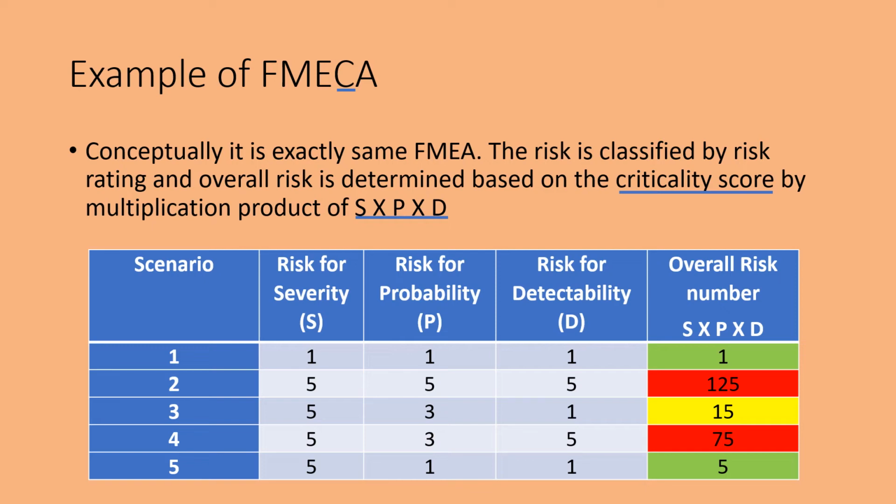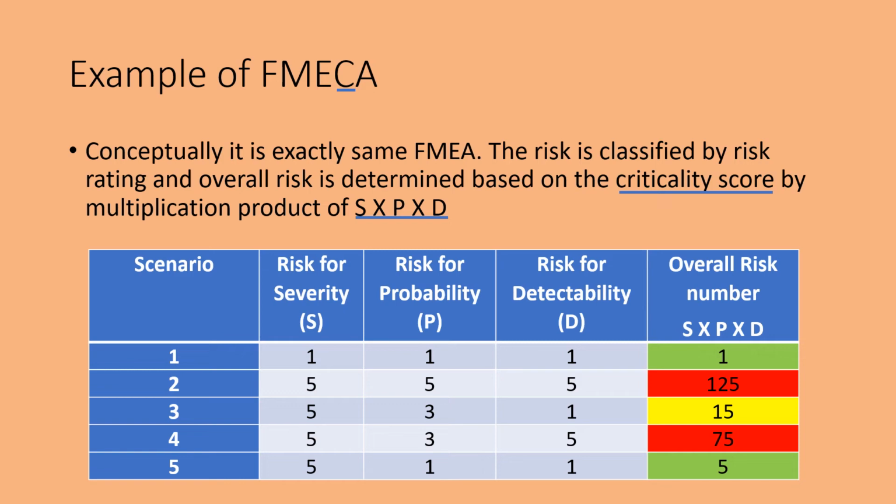See the third one, risk for severity is high, but the probability is 3, that means center value, and risk for detectability is low, so 15 is the multiplication of SPD, so that it is medium. But see the fourth scenario, risk for severity is 5, probability is 3, and risk for detectability is also high, it is 5, so that becomes 75, so this again becomes high.